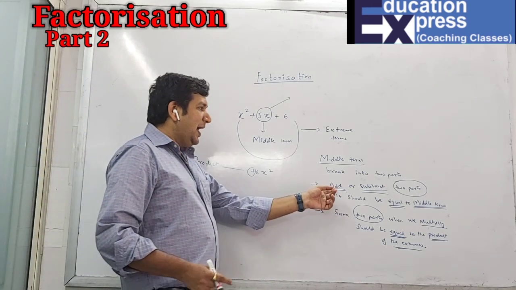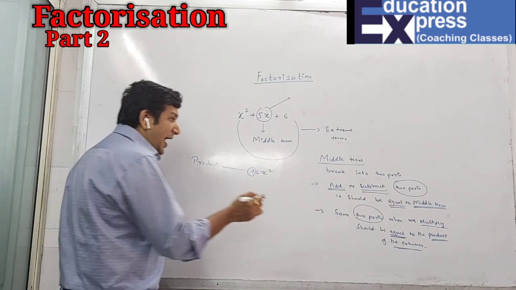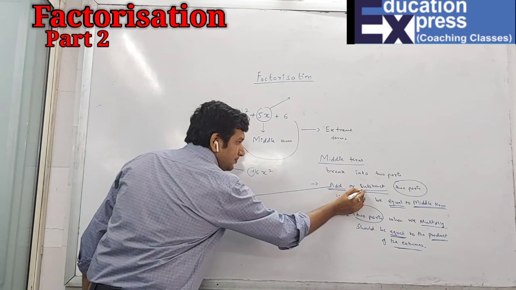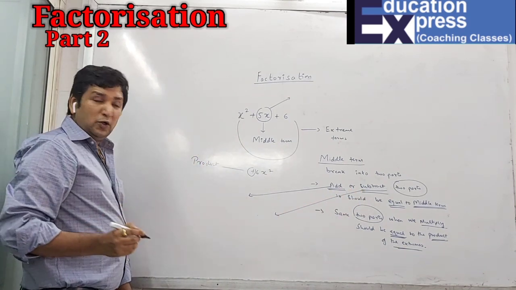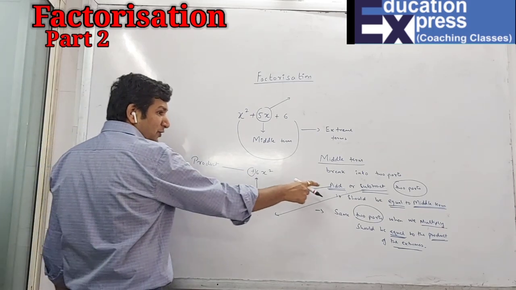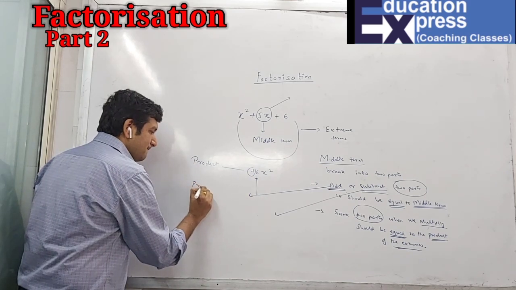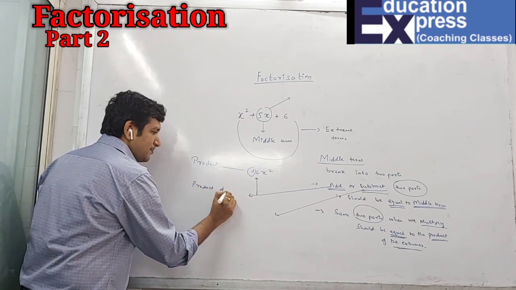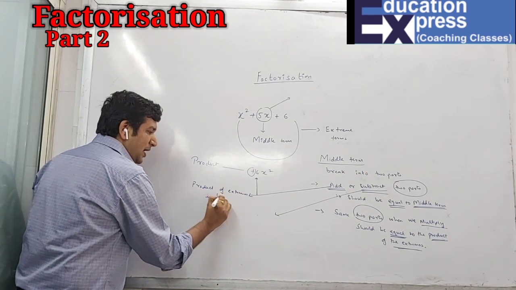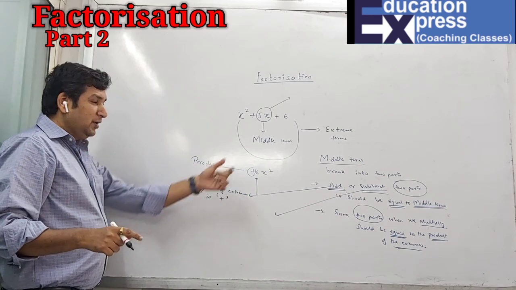Now here I mentioned add or subtract. How will you come to know whether it is add or subtract? You will come to know by the product of the extremes. If the product of the extremes is plus, then you have to add two numbers and get the middle term.